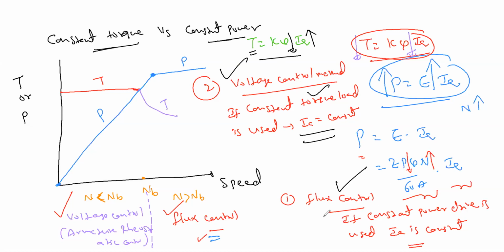In flux control method, if constant power drive is used, armature current is constant. Otherwise, armature current increases. You can mention that.